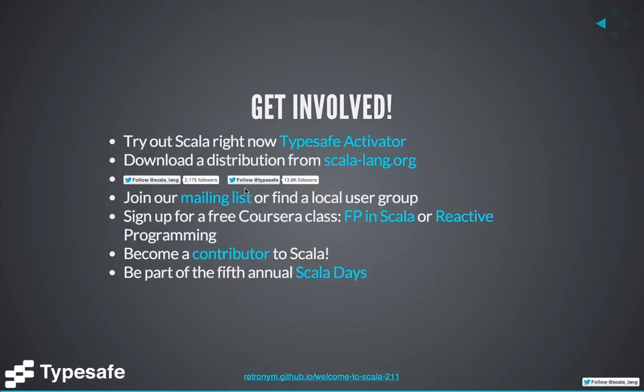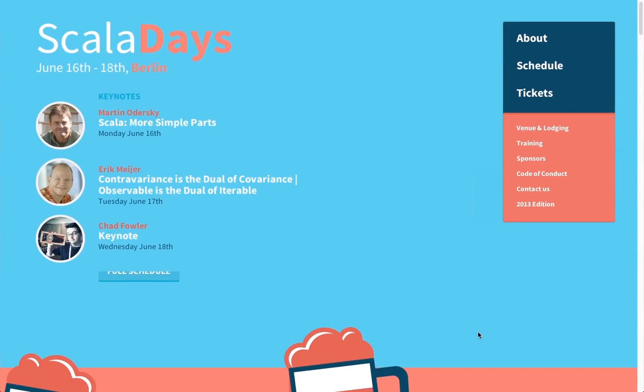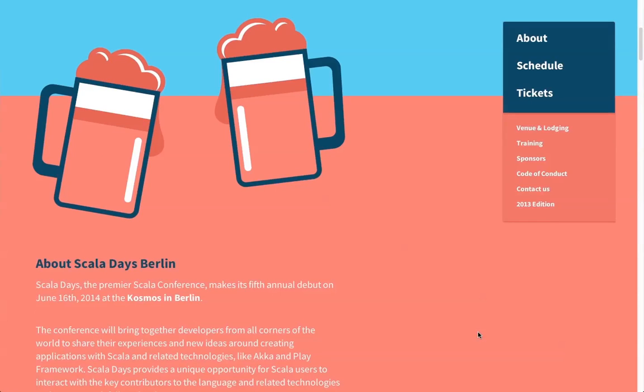And you can also be a part of the 5th annual Scala Days, which is hosted this year in Berlin. I'm really looking forward to that one. And on that note, I'll finish the slides and we can start getting into a couple of the questions.